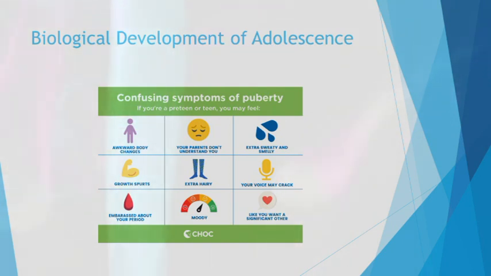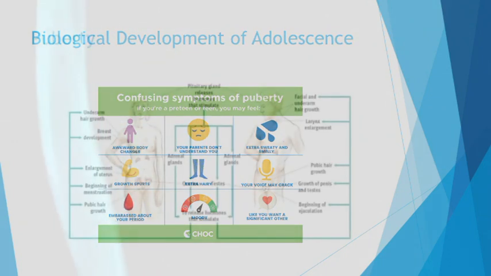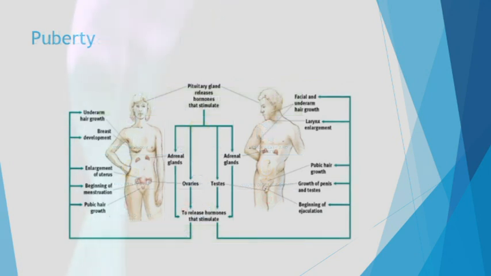And when we think in terms of hormonal regulation, the hypothalamus in the brain begins to produce gonadotropin-releasing hormones, which stimulate the pituitary gland to release gonadotropins, including follicle stimulating hormone and luteinizing hormone. And these hormones play a crucial role in stimulating the gonads, which are ovaries for females and testes for males, to produce sex hormones such as estrogen and testosterone. So there's a cascade of hormones that goes on here.